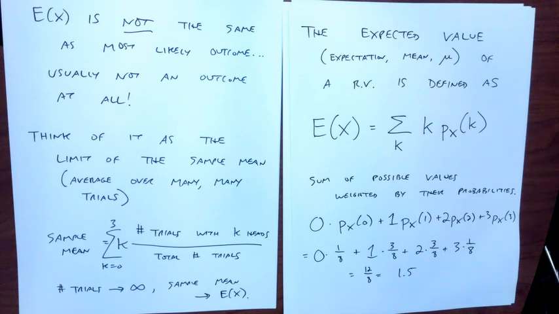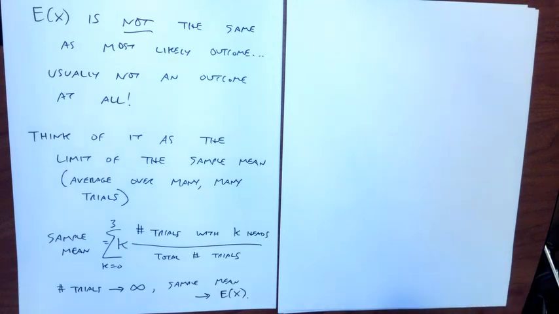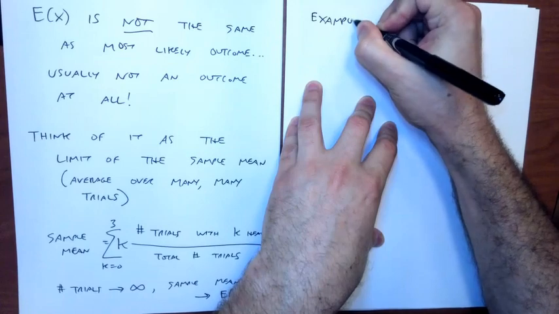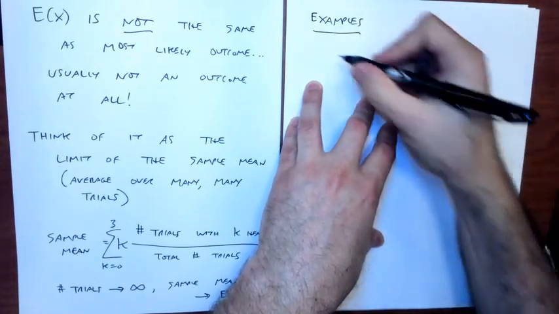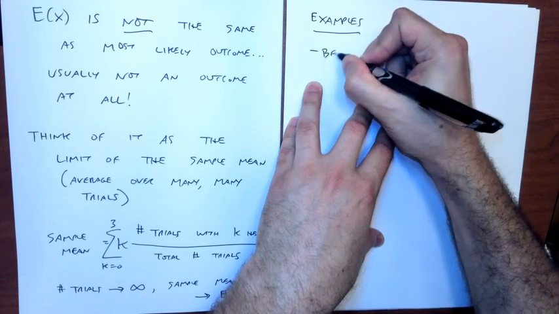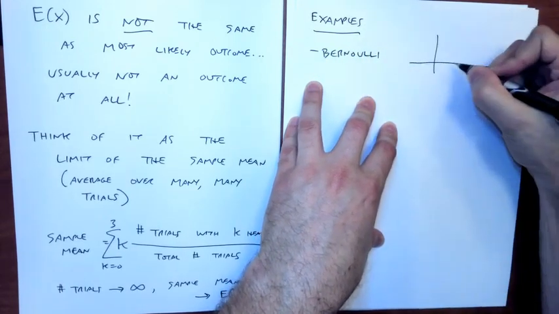Okay, so let's go back and do the random variables we learned about last time, right? How would those expected values be computed? Well, let's do some examples. The first one we talked about was the Bernoulli random variable. Remember that that was very simple.